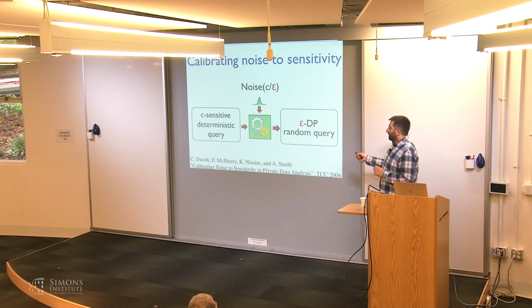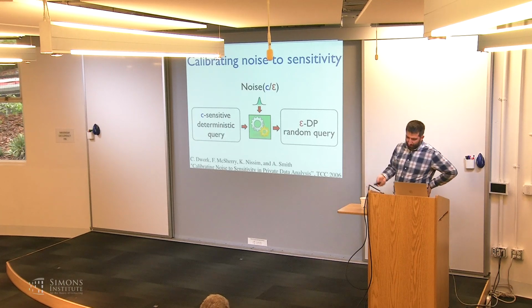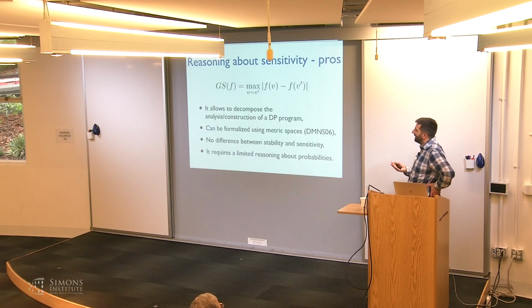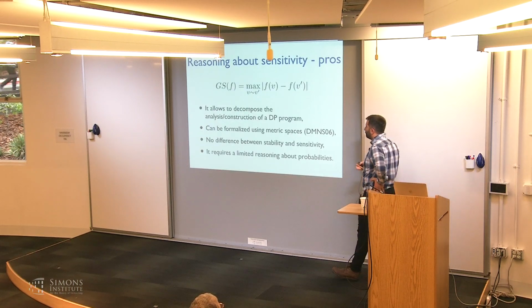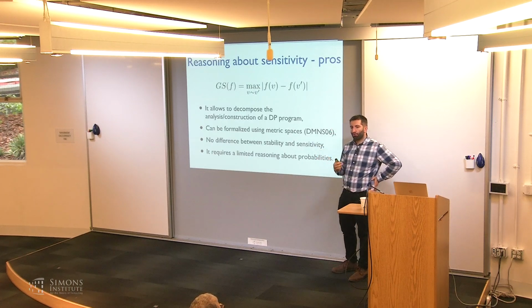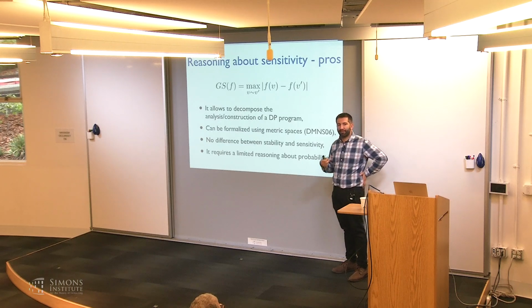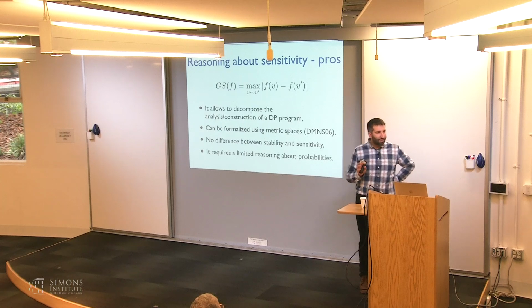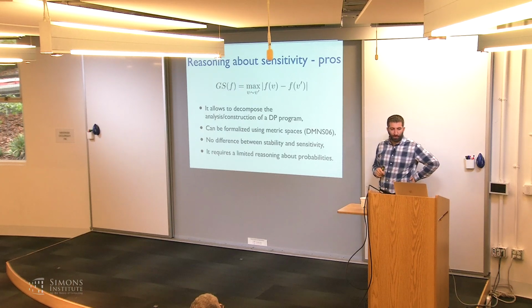Based on this idea, we build this language, and it's similar to what we saw for Fuzz, but the key idea is no longer composition, but compositional analysis of the sensitivity of programs. It's a slight change which gives different properties.